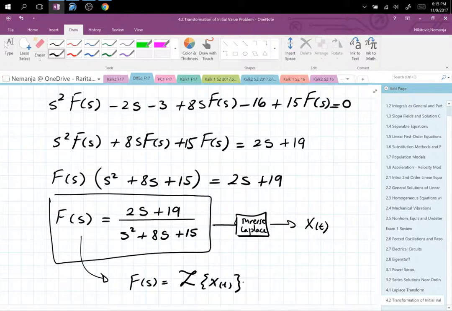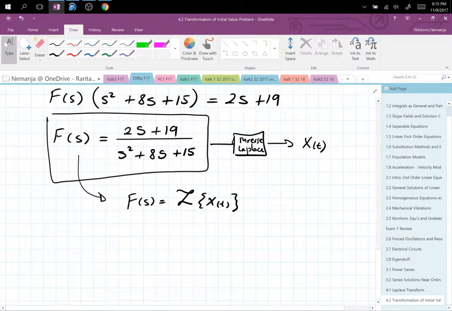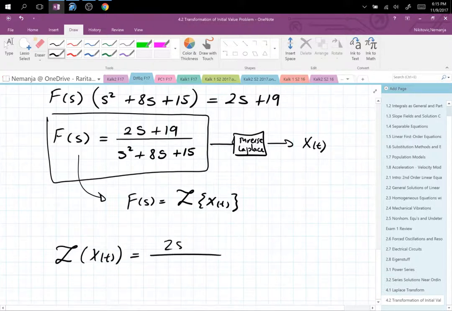So later, when we do the inverse Laplace, you would see that you have the Laplace of x of t, which is what you are looking for, right, equal to this, 2s plus 19 over s squared plus 8s plus 15, and you will hit both sides with the inverse Laplace.